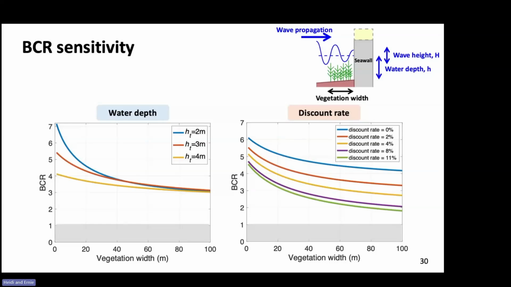But if you look at the magnitudes of the benefit cost ratios, they vary by about 50% if you choose 0% versus 11%. And this shows that the choice of discount rate would significantly affect the magnitude of the benefit cost ratio for policy decisions, as I will show with a real life example later.